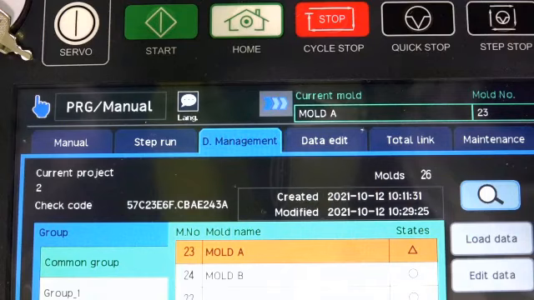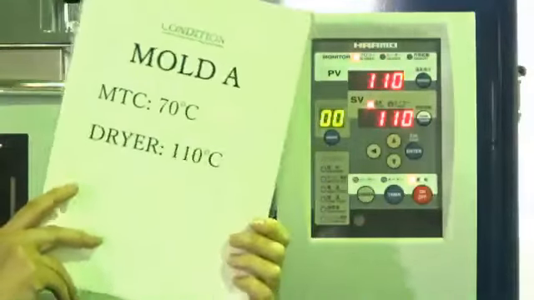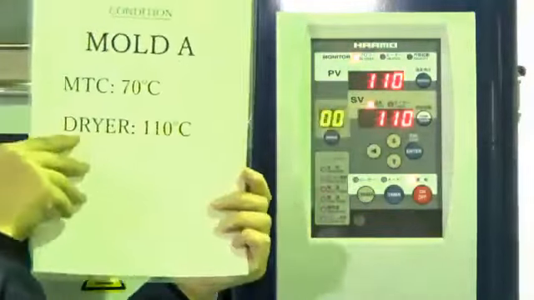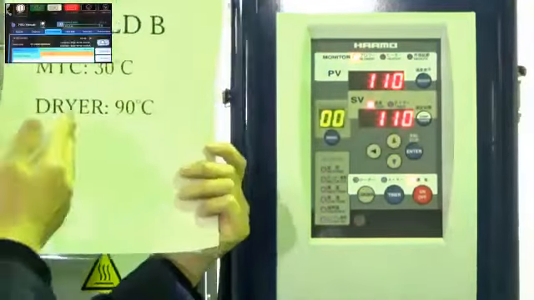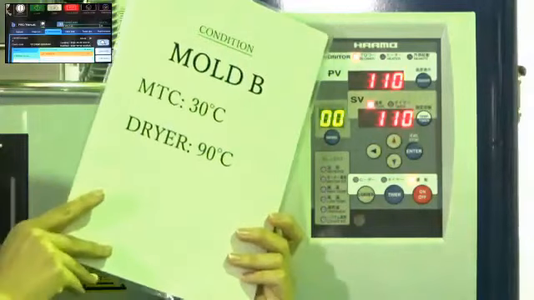For example, the temperature should be changed to 30 degrees from 70 degrees. Let's see how it goes. Now it is 110, but with mold data B, it should be 90. So please load the data, Otsuki-san.